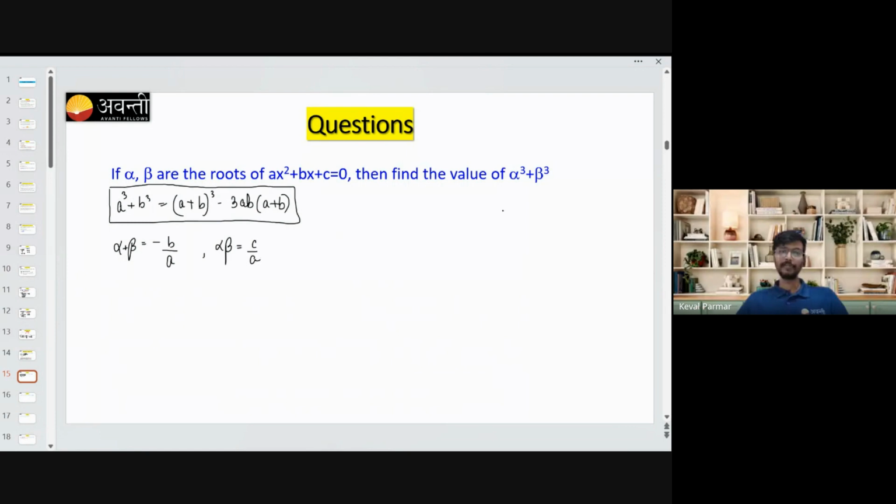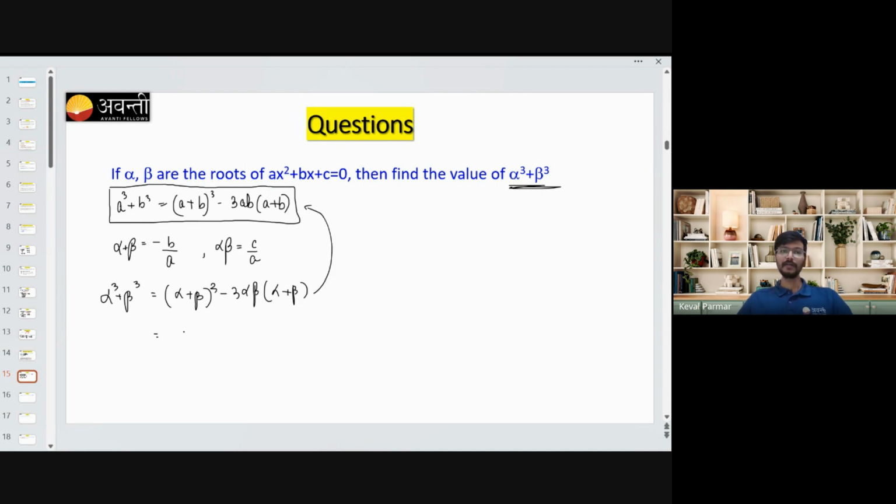The product of the roots is c by a. Now we have to find alpha cube plus beta cube. So alpha cube plus beta cube can very simply be written as alpha plus beta, the whole cube, minus 3 alpha beta into alpha plus beta, by using this identity.